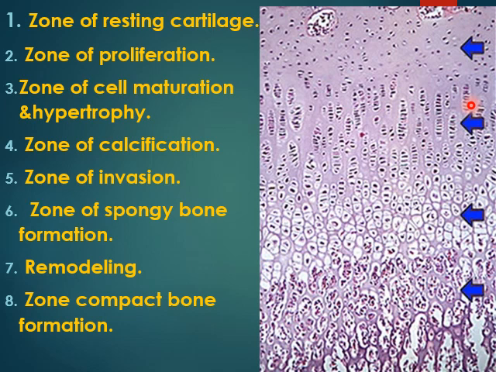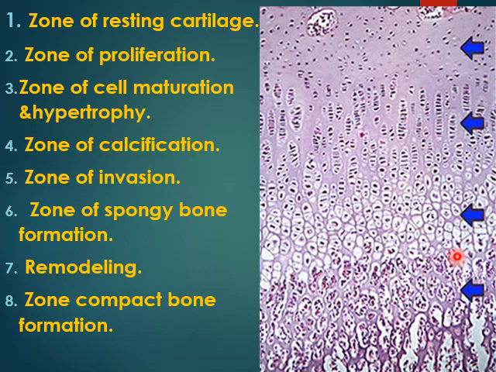Then the zone of hypertrophy, in which the chondrocytes increase in size as a result of accumulation of glycogen and alkaline phosphatase. But what will this alkaline phosphatase do? Zone of calcification. The matrix will become calcified. The chondrocytes deposit calcium in the surrounding matrix, so the cartilage cells will die, leaving empty spaces.